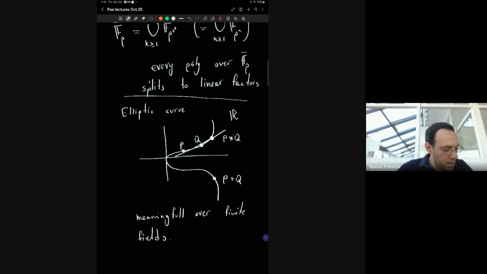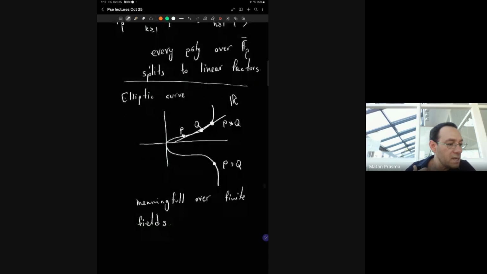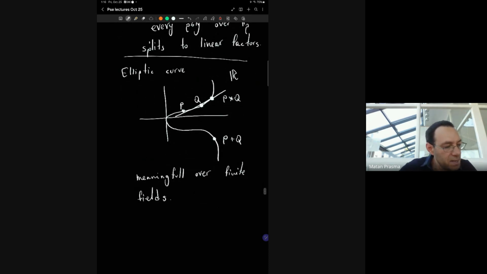And this we didn't prove, but in fact it follows from something that we proved in later sessions, that for E over K, for any field K, the K rational points is an abelian group.